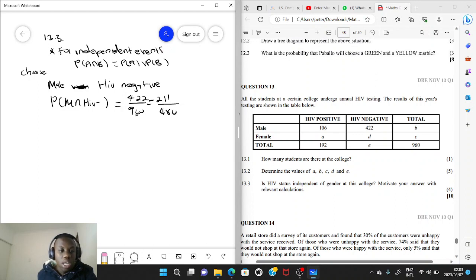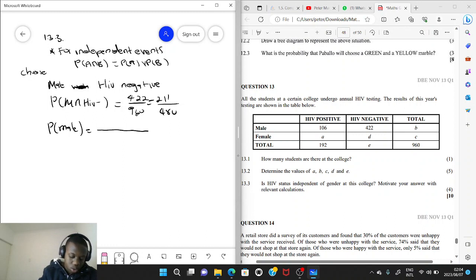And then now I'm going to look at male only. I'm going to look at the probability of attaining a male. So how many males do I have? I look at the total number of males, and I know that the total number of males is B. I know B is 106 plus 422, and we were able to find it in the previous question, right?